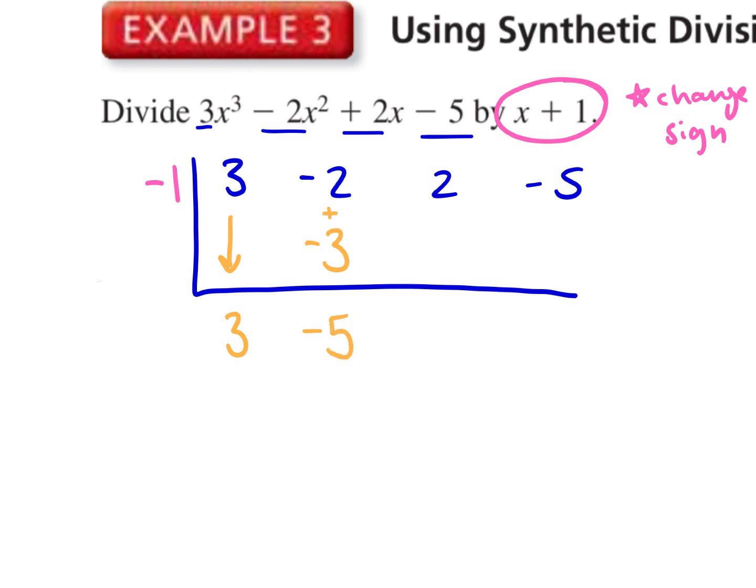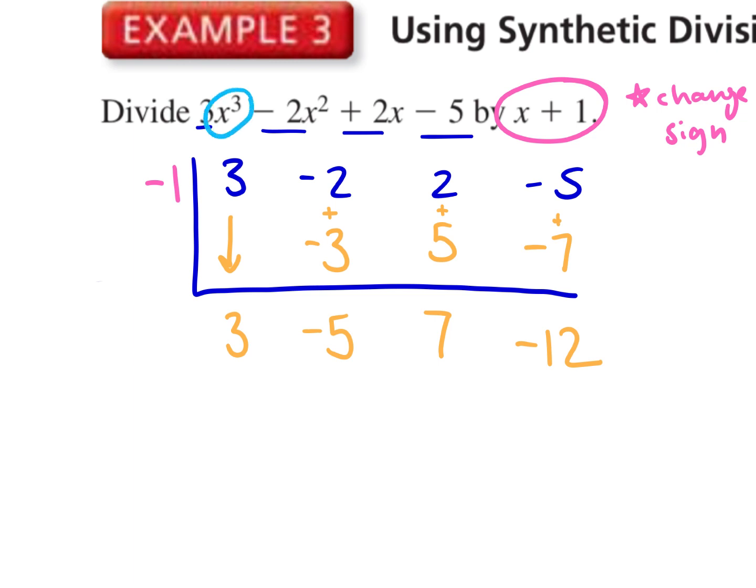Outside, what do we do? Multiply. So that would turn into positive 5. Inside we add, we get 7. Outside, again, we're multiplying 7 times negative 1, which would be negative 7. Inside we add, negative 12.